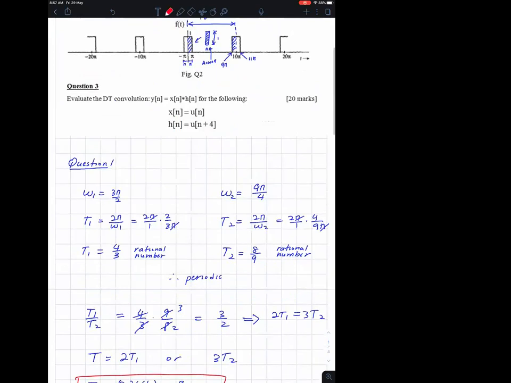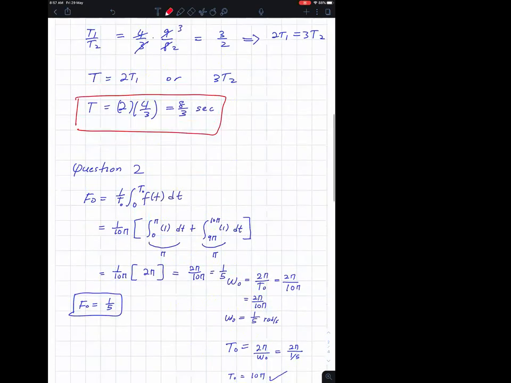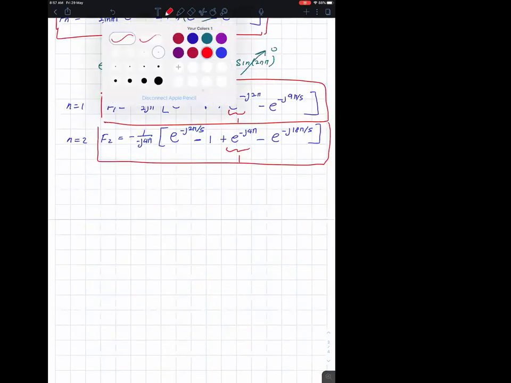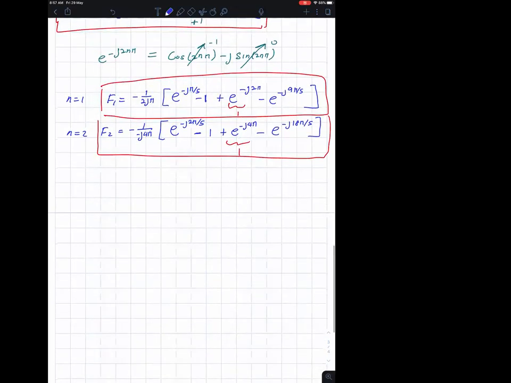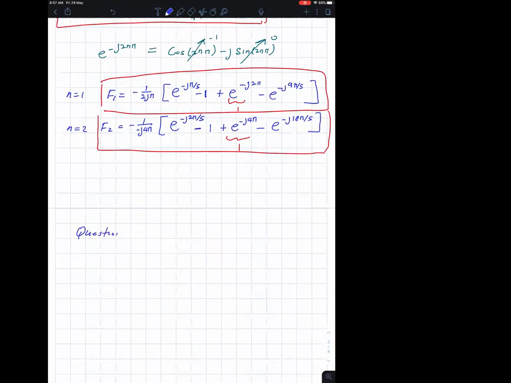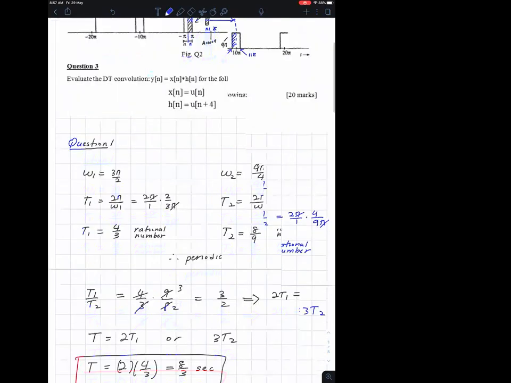X of n is u of n. H of n is u of n plus 4.